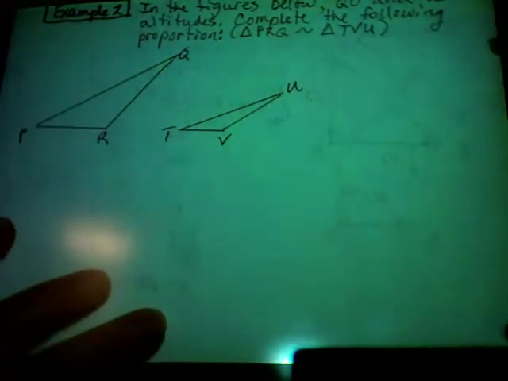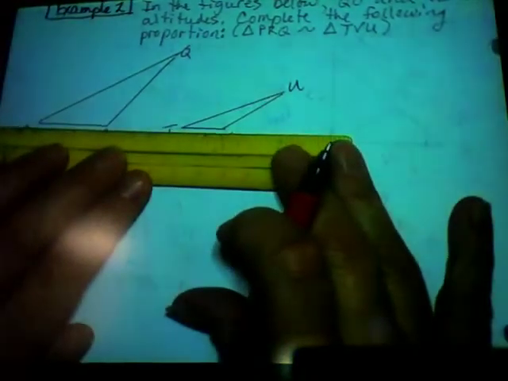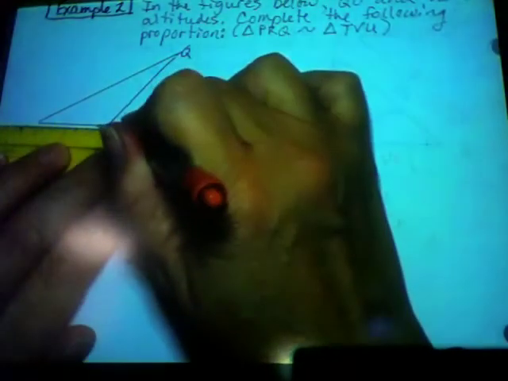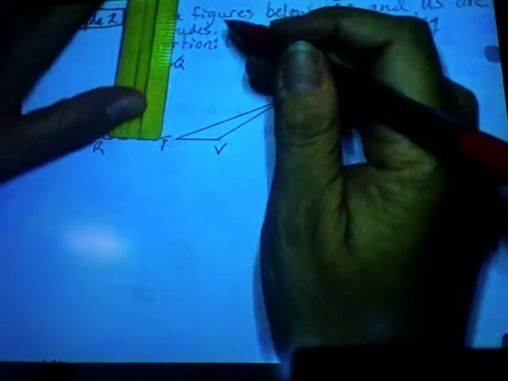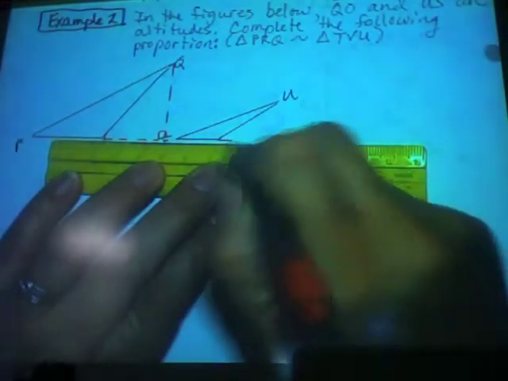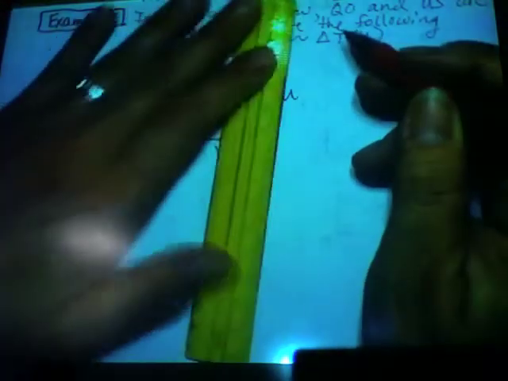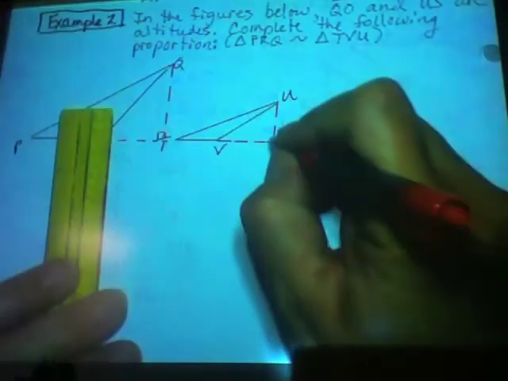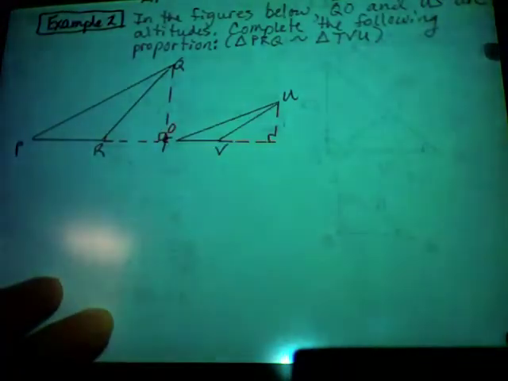So here's the altitudes. So this point here for the big triangle is O, ran into T, sorry.